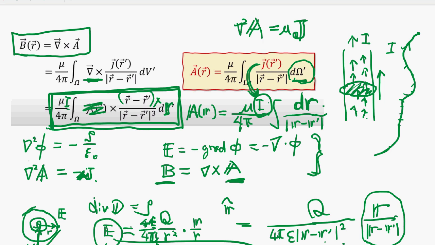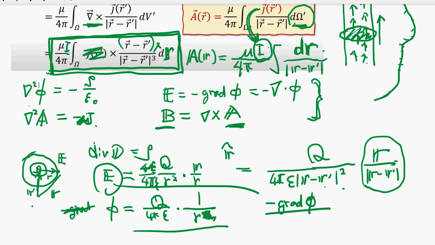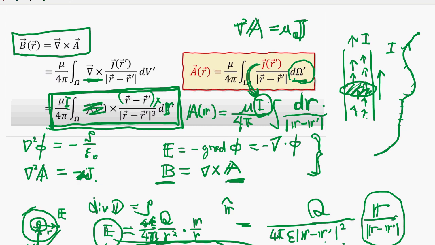So what it is just like, where is it? Phi. Oh yeah, out of screen. This is the potential equation for potential phi, and the equation for the vector potential is this, and this you take the curl.